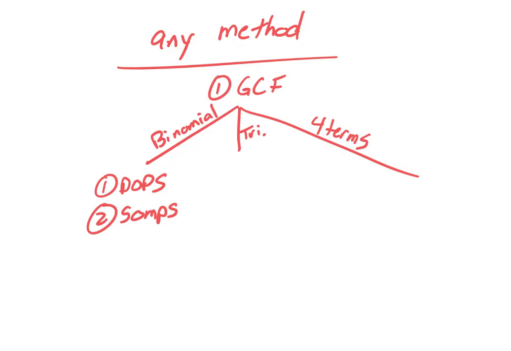Okay, for a trinomial, we're going to look to see if it's a perfect square first, because that would be the easiest possible way to do it. If it's not, then we're going to go to what we did yesterday.